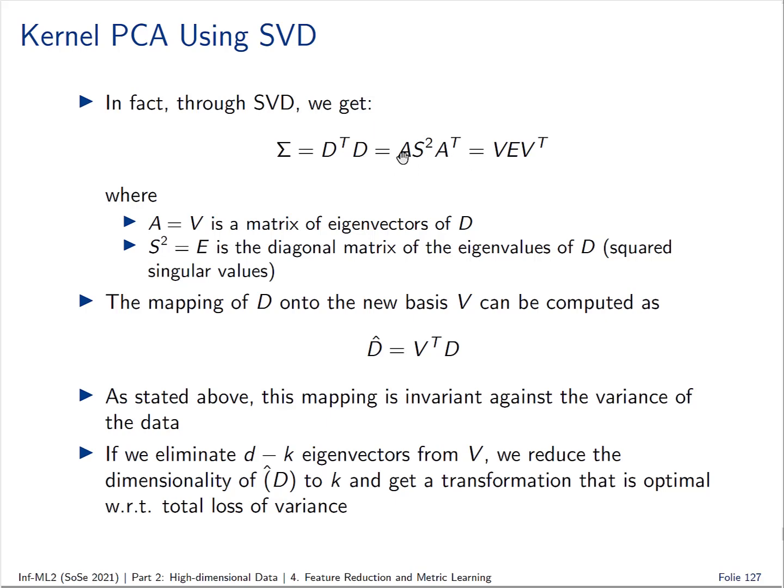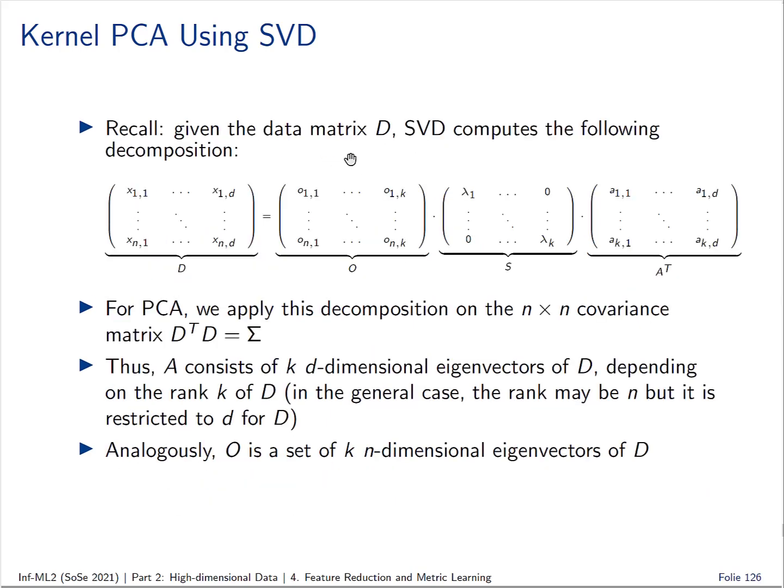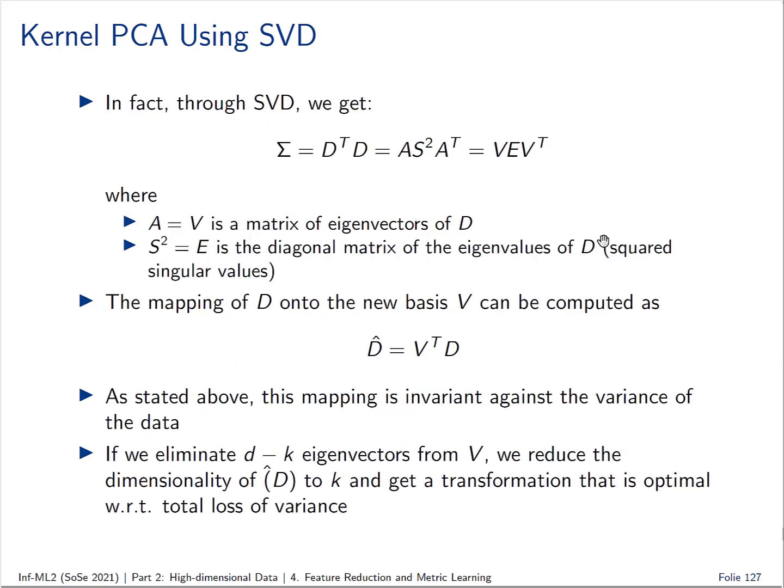As we saw before, we can reformulate that: we just plug in this decomposition O S A transposed instead of D here, and then reformulate the whole thing, and we end up in a decomposition into A times S squared times A transposed, which is nothing else than our PCA decomposition with the eigenvectors and the eigenvalues here.